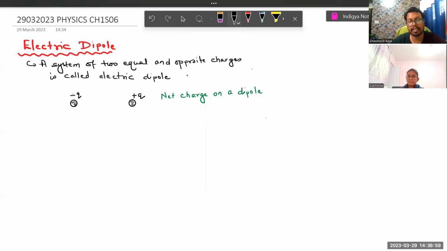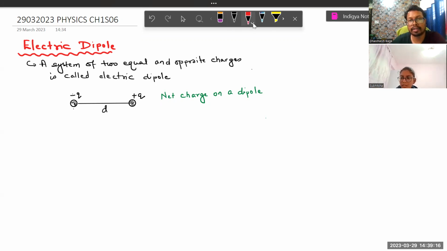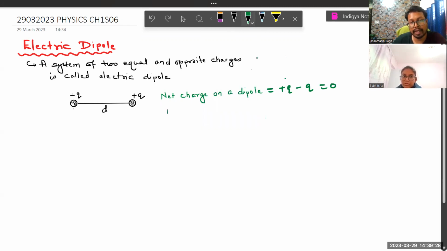So if we take these charged particles together and the distance between them is, let us say, d, the net charge on the system is always plus q minus q, that is 0.